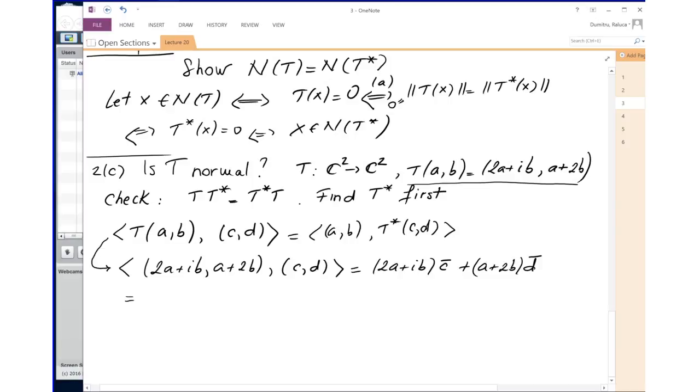And I'm going to regroup them in terms of A and B. I'm going to do one more thing.